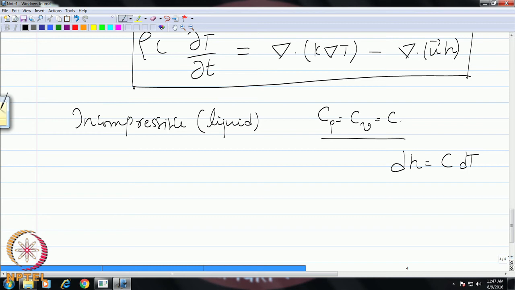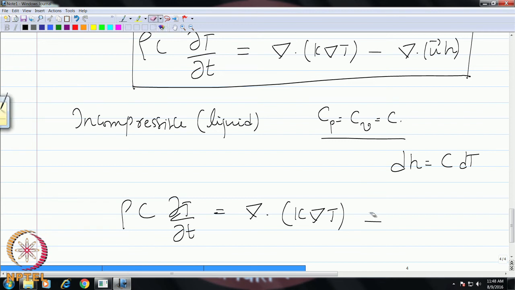So, therefore, you can rewrite the above equation purely in terms of temperature. You get an equation for temperature which will be of the form. So, we will take, just a moment, we will take the enthalpy towards the left hand side.